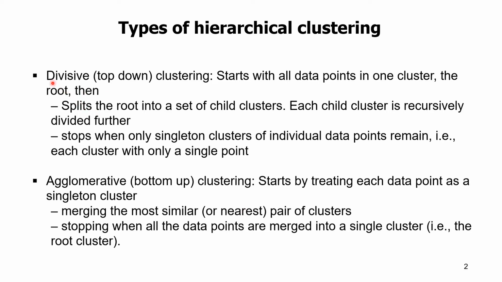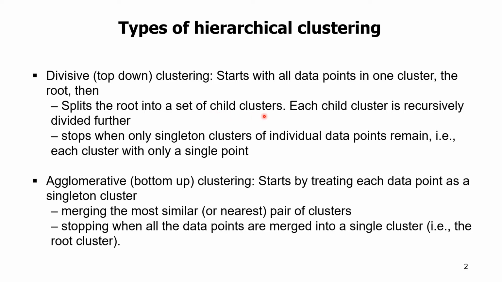So divisive clustering is a top-down approach. It begins with all data points in one cluster. In the beginning, you assume the entire data set is one big cluster, and then you split the entire data into a set of subclusters, child clusters.